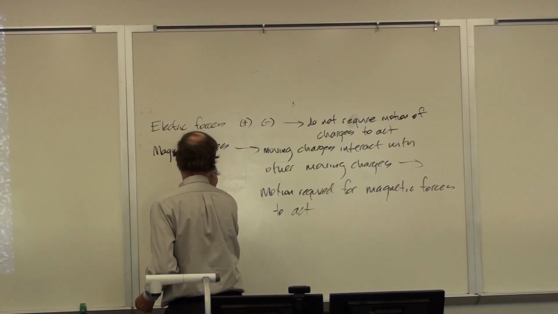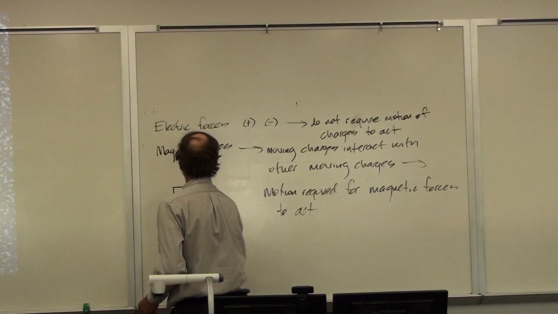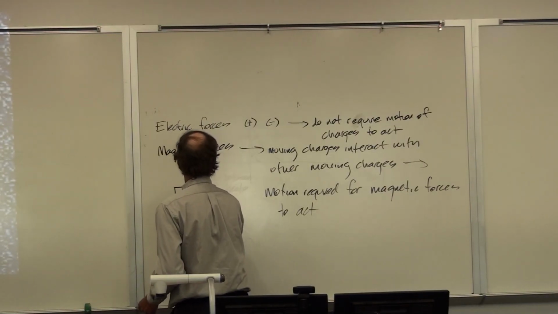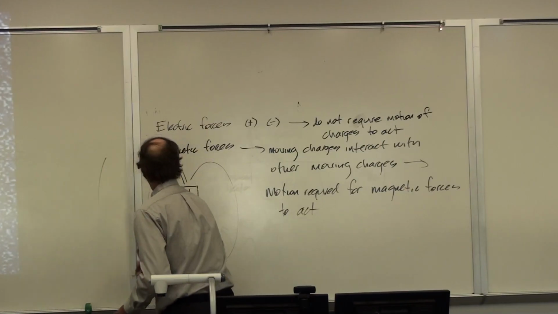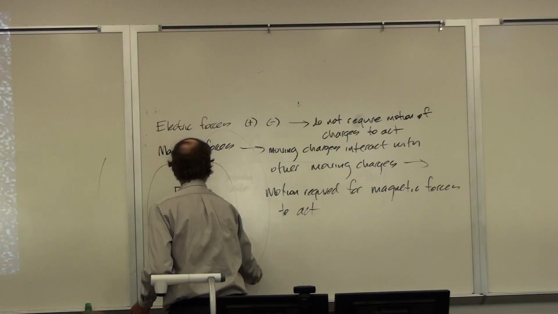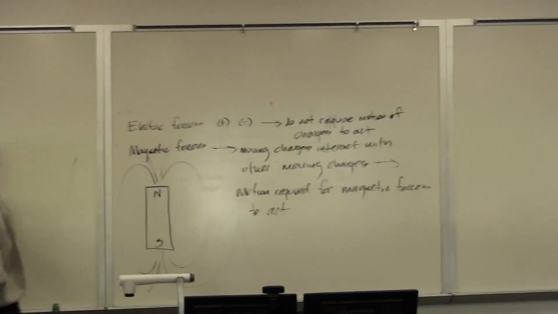But what about in this situation? Say we have a north and a south pole of a bar magnet. We have what are called magnetic field lines. That's what these are too.